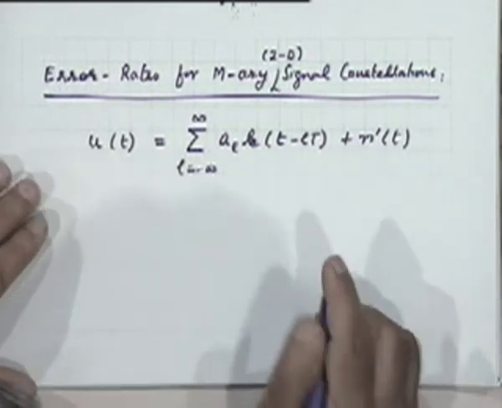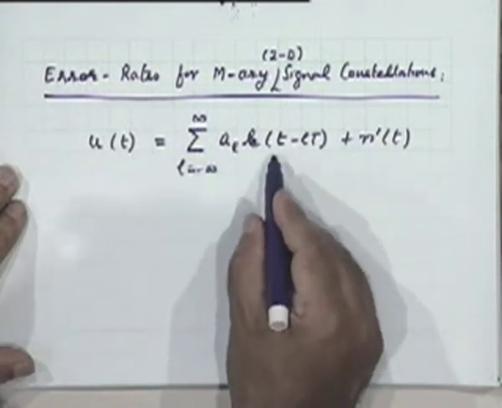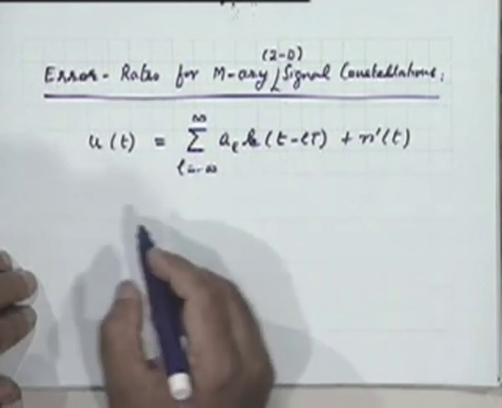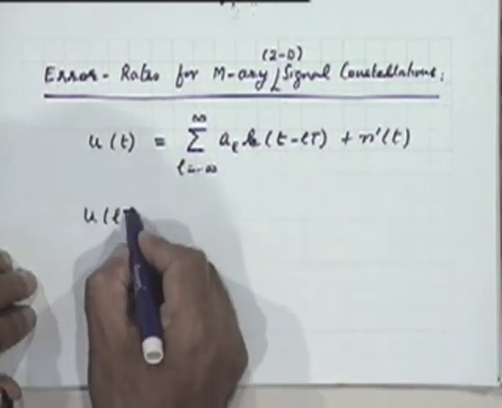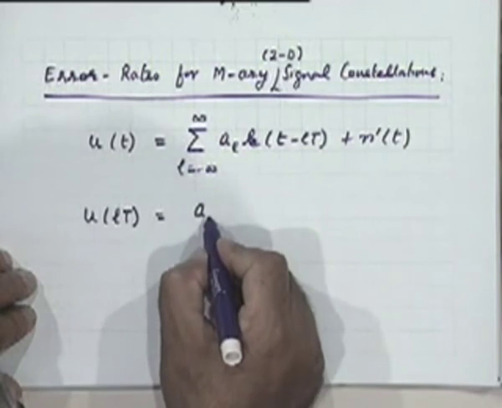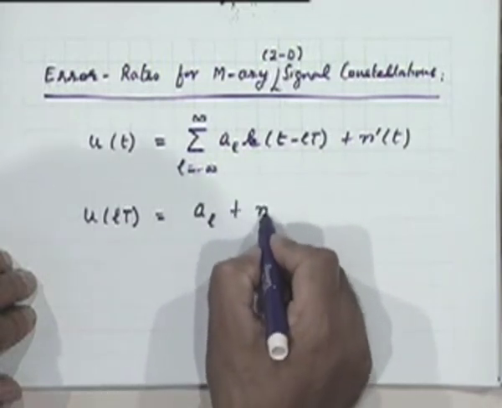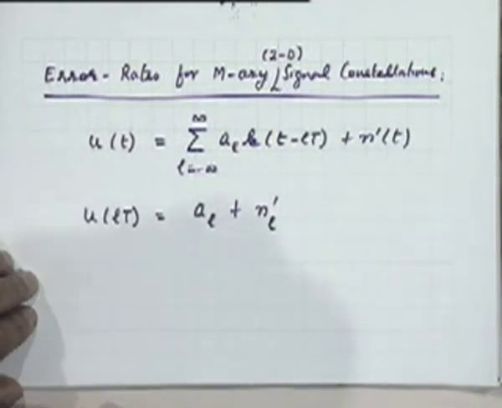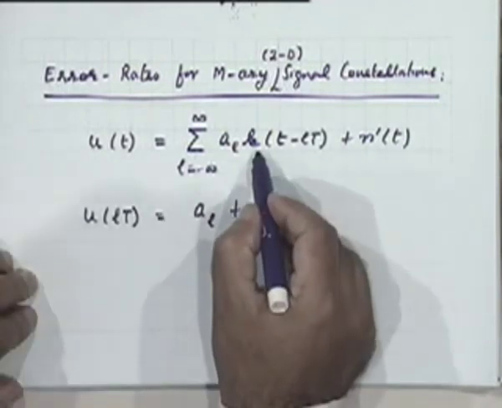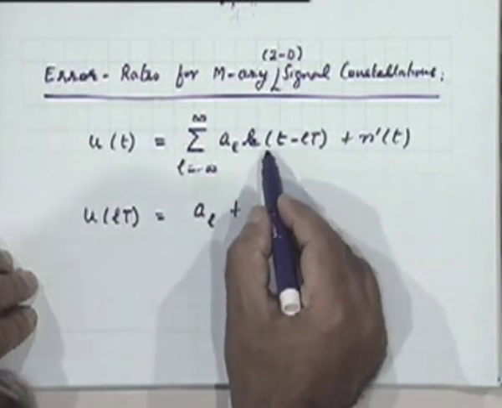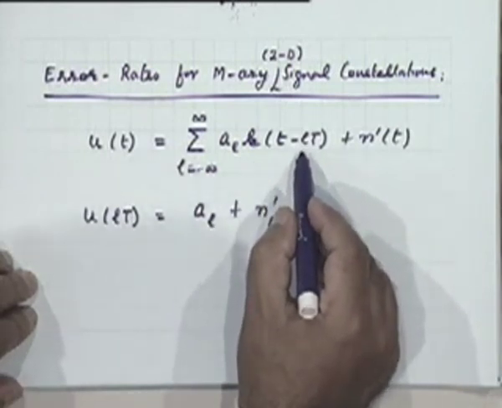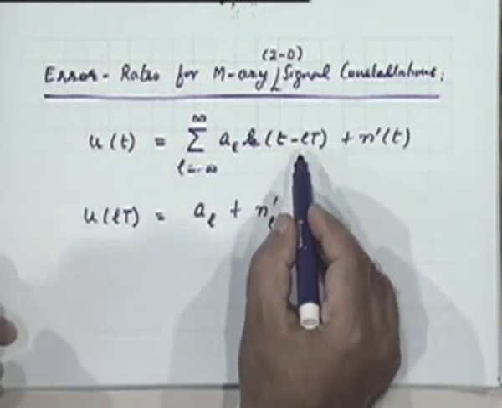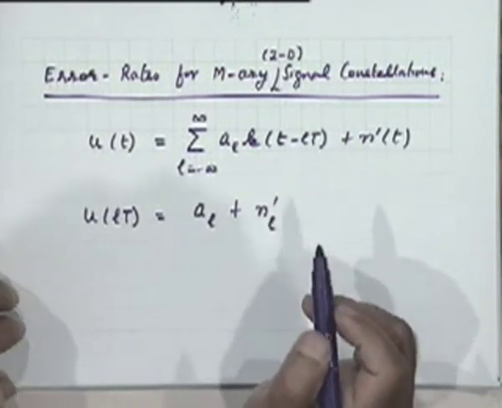Then if it is a Nyquist pulse, that is an assumption that we have always been making, then your U_L is going to be equal to A_L plus n'_L, because the only contribution that will come is from the Nyquist pulse in the corresponding interval, the interval from (L-1)T to LT.